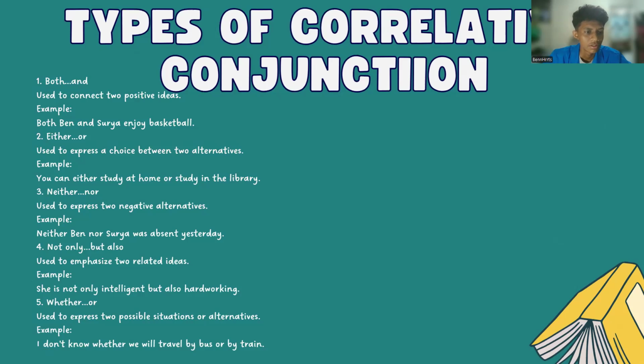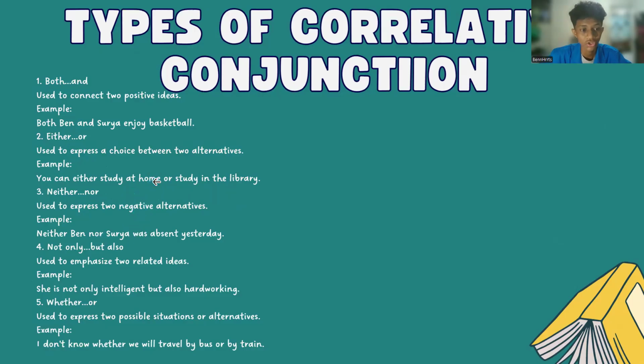Either or is used to express a choice between two alternatives. For example, you can either study at home or study in the library. The third, neither nor, is used to express two negative alternatives. For example, neither Ben nor Surya was absent yesterday.